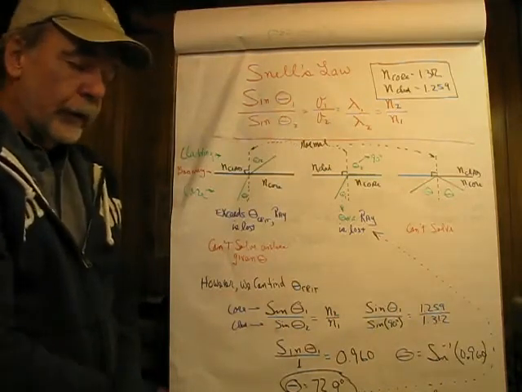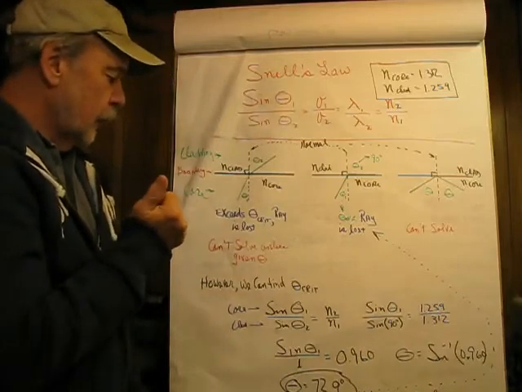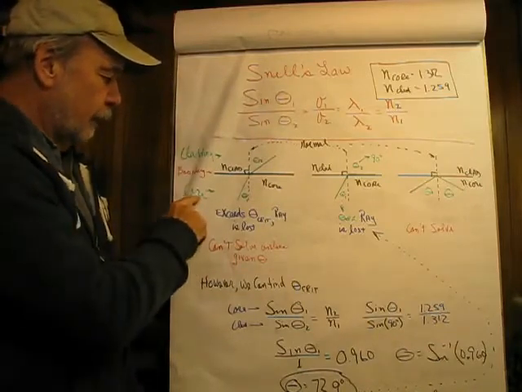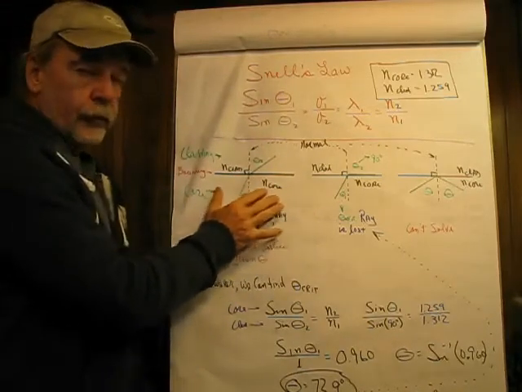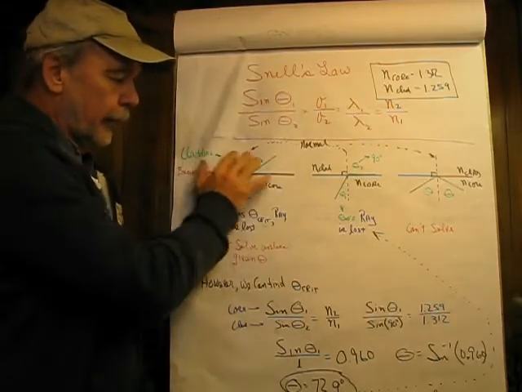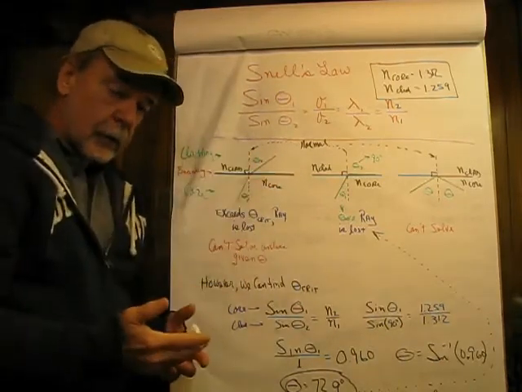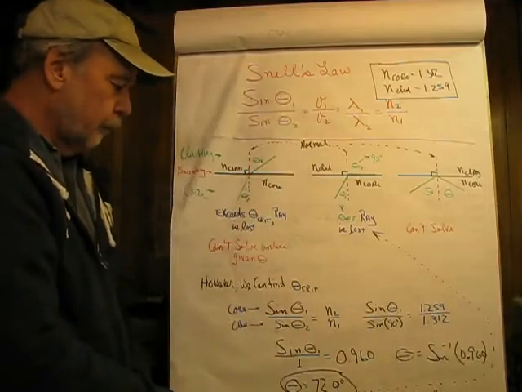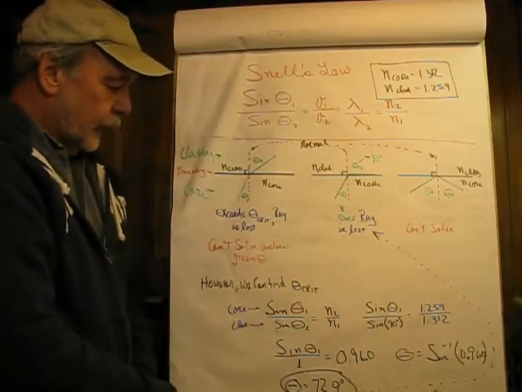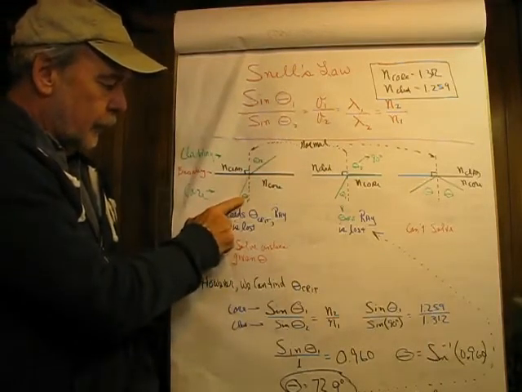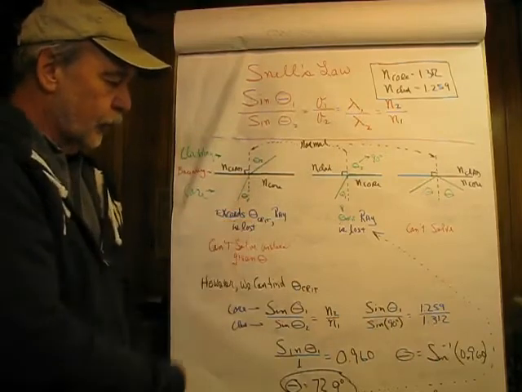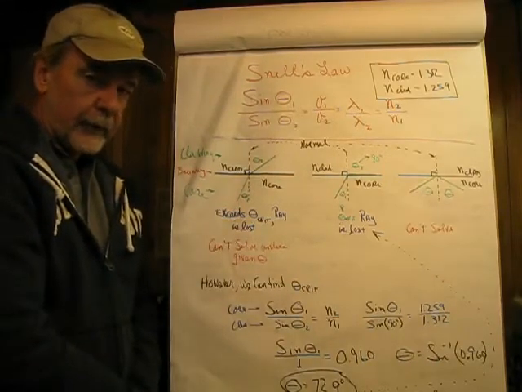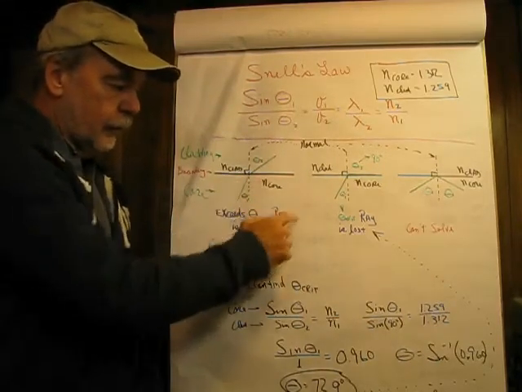Now let's look at 3 different cases here. In the first case, we have the core, which is down here, and the cladding up here. I'm just showing the core and cladding, so it's not a complete cable that I've drawn. In this case, our angle 1 exceeds what's called the critical angle, so it can't be refracted back into the cable.